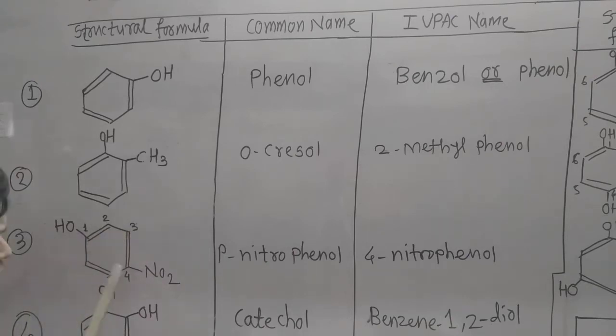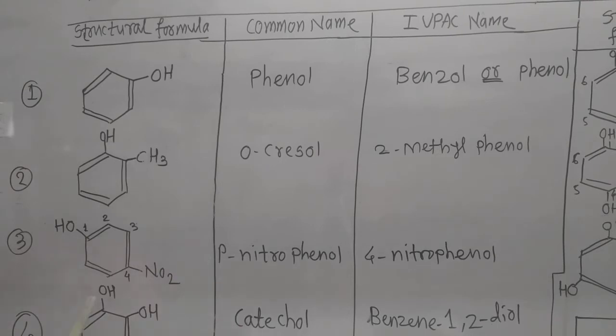The nitro group is present on carbon number 4. So the IUPAC name of this phenol is 4-nitrophenol. These OH and NO2 groups are at the para position; this NO2 group is at the para position of the OH group. So commonly it is called para-nitrophenol.